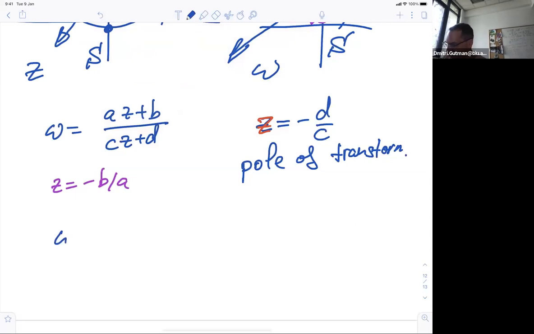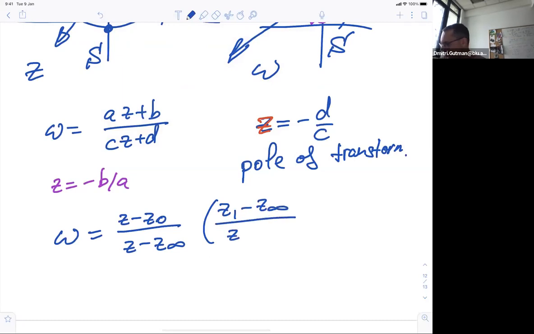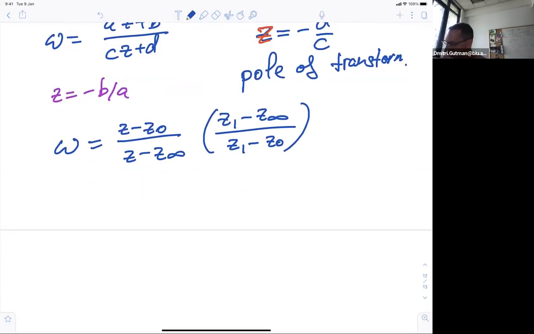So let me draw it. Any Möbius transformation w looks like this. And what this means is that the point z0 is the point where w is equal to 0, and we know that this will go to the South Pole.